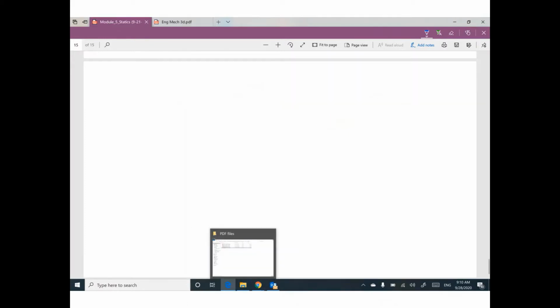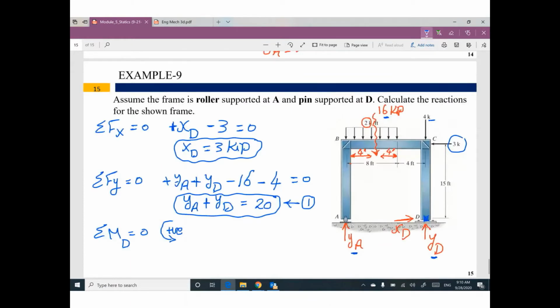Okay, so taking a moment at D, XD times 0, YD times 0. We don't have distance for these reactions. What else? 3 times 15, positive. What else? 4 times 0.